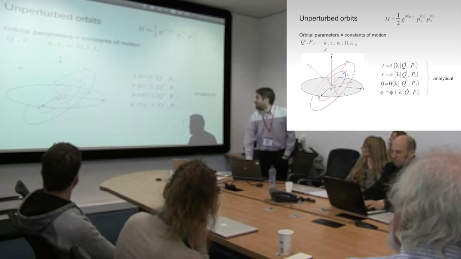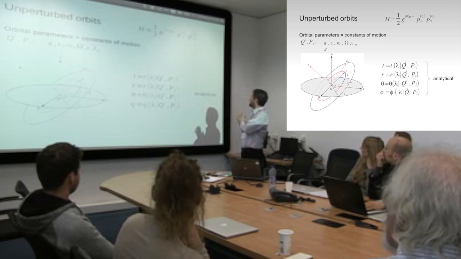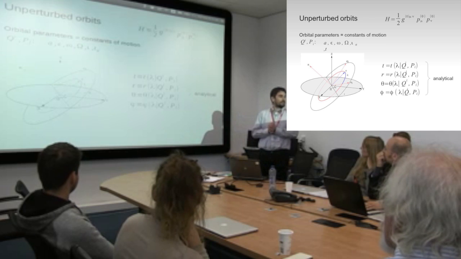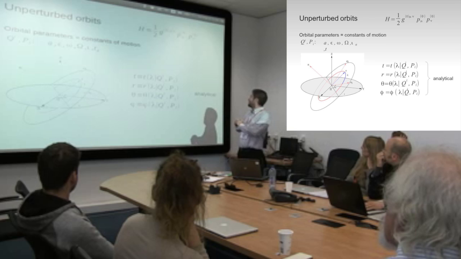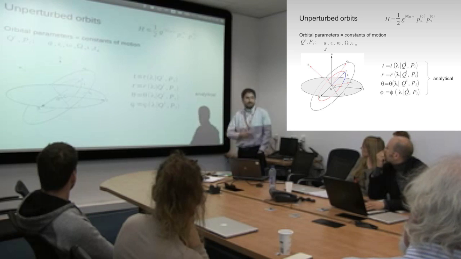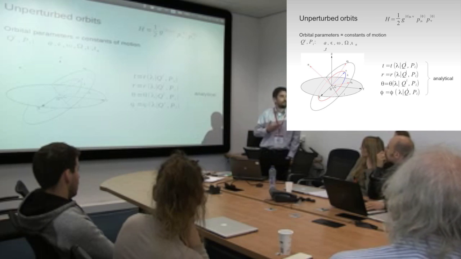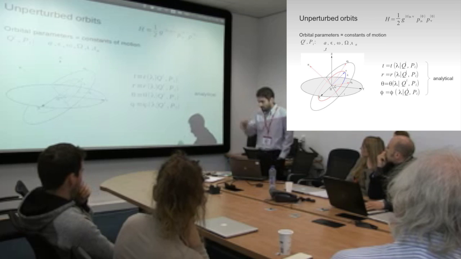For the orbit, we know the analytical expressions for the orbit equation. This is really super fast to calculate, and it's not more difficult than doing it in a Newtonian way.